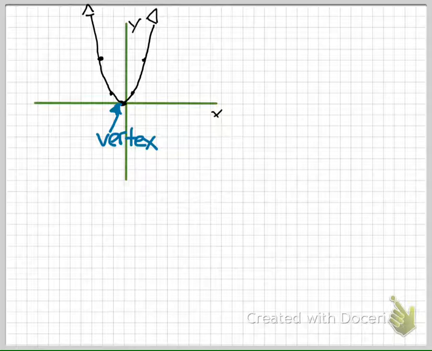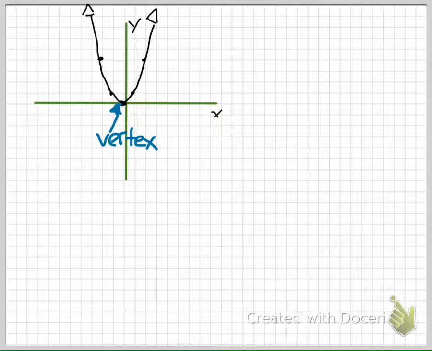If I were to take a horizontal line, like this one, what I was going to try to do is move that line upward. Imagine that line moving upward towards the parabola. The first part that it would touch of that parabola is that lowest point, and that's called the vertex.